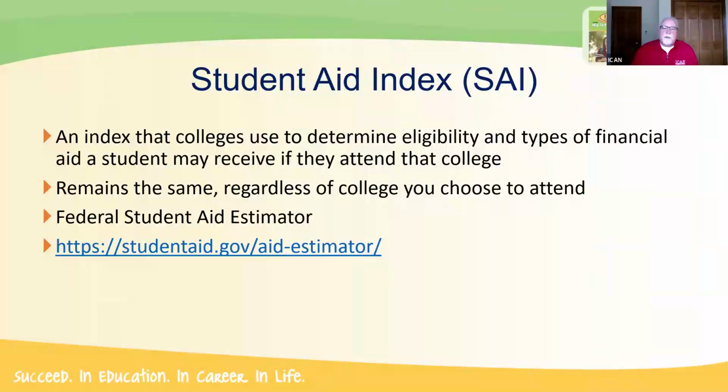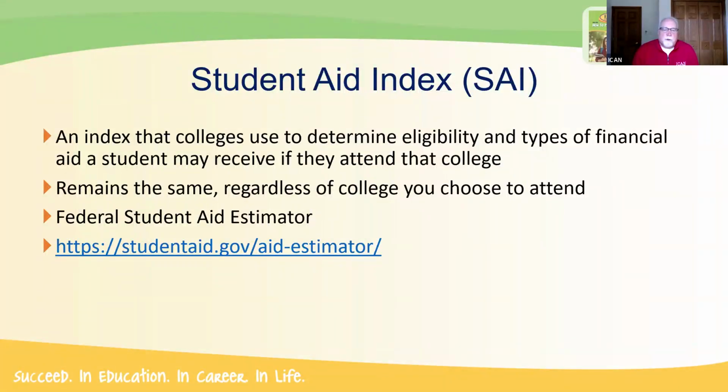So what the Department of Education did, they asked all of these questions, they ran it through a formula, and they came up with this number, what we call a student aid index, or an SAI. Sometimes this SAI isn't explained very well, I feel, by the Department of Education, but it is an index that colleges will use to determine what a student's eligibility is for financial aid.